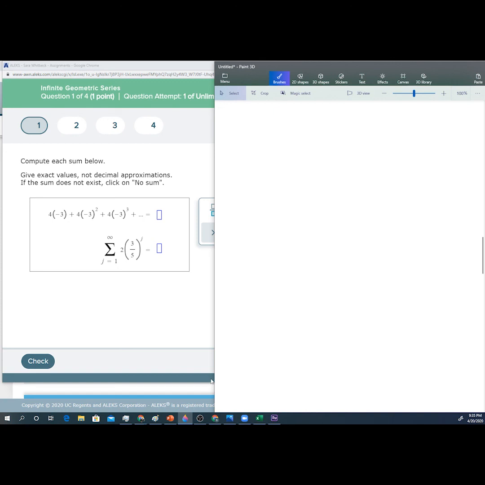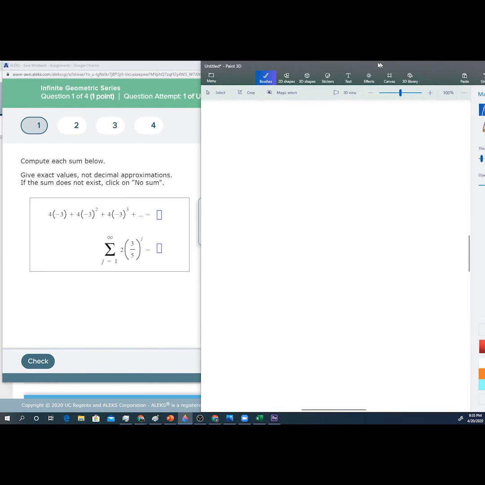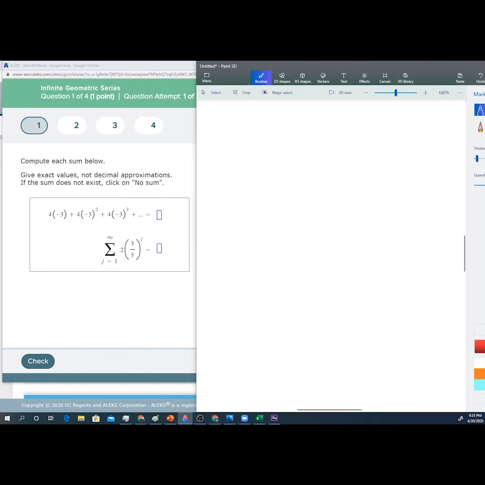Now, the most important thing here is there's only one time that your sum will not exist, and that is when your series diverges.